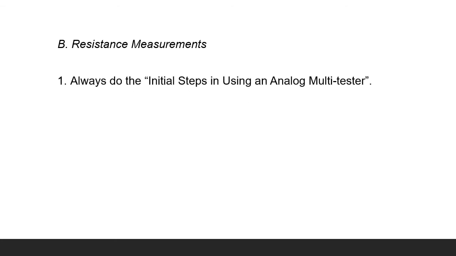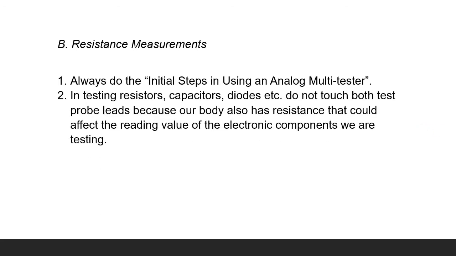Resistance measurements. One, always do the initial steps in using an analog multi-tester, the ones we had earlier. Two, in testing resistors, capacitors, and diodes, do not touch both test probe leads. Again, do not touch the leads because our body also has resistance that could affect the reading value of the electronic components we are testing.